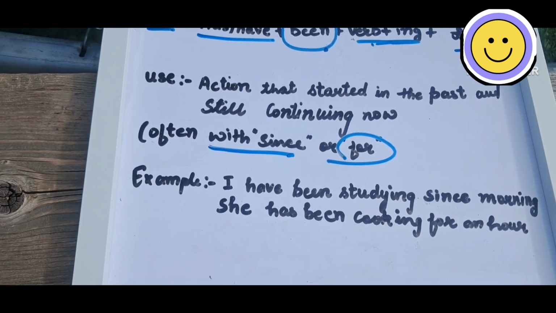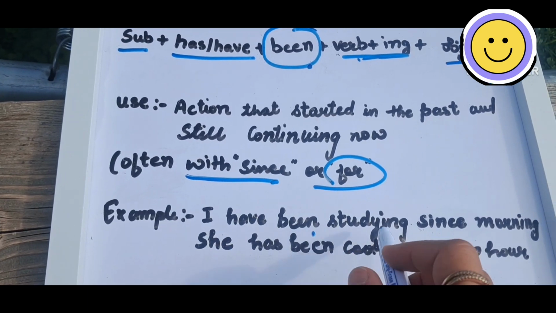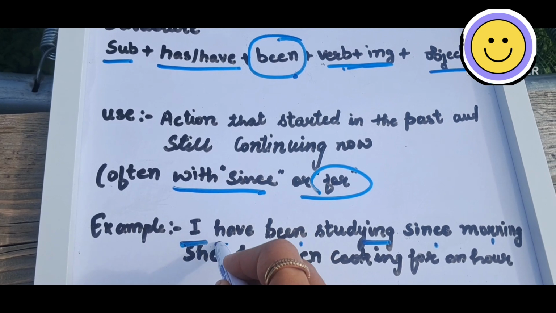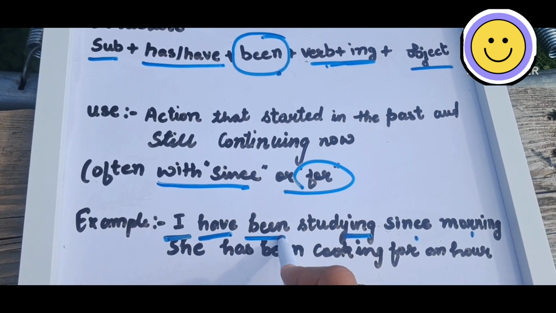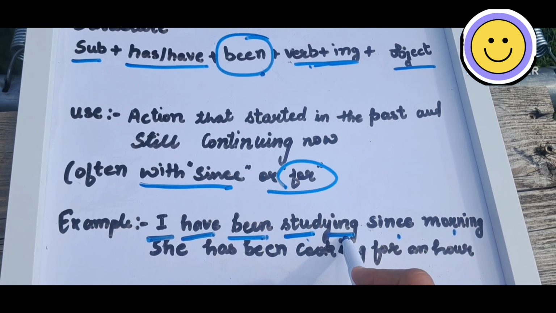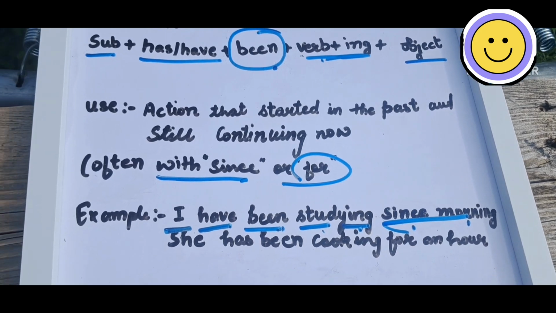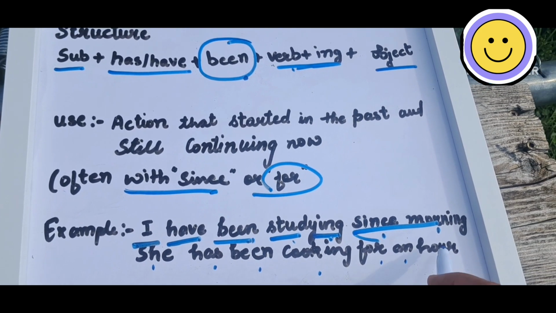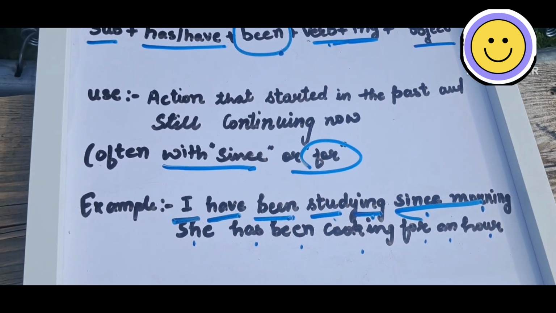For example, I have been studying since morning. The subject, helping verb, been, verb plus ing and the object. The other one, she has been cooking for an hour. Let's try something else.